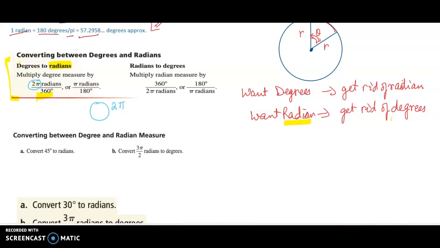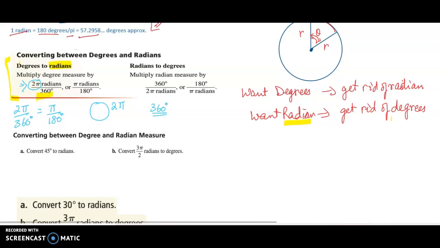So 2 pi is in the radians form and 360 degrees is in the degree form. I need to introduce radians, so they multiplied by 2 pi and got rid of the degrees. That is why they divided by 360 degrees. And if you write 2 pi over 360, it can be simplified as pi over 180 degrees. So these are the same thing, just equivalent ratios.